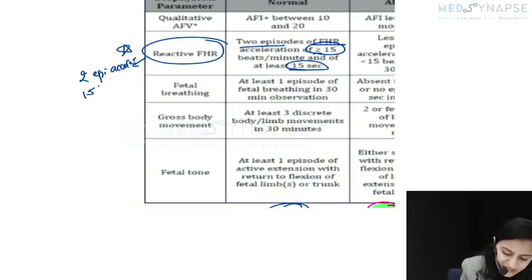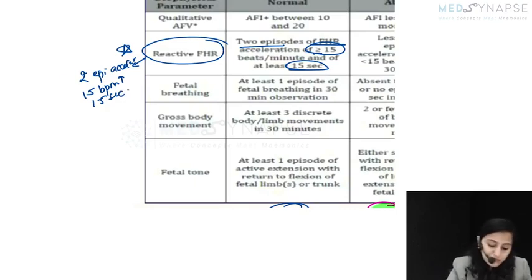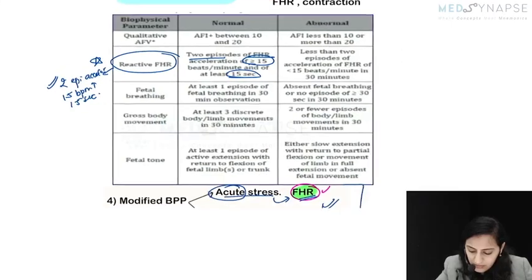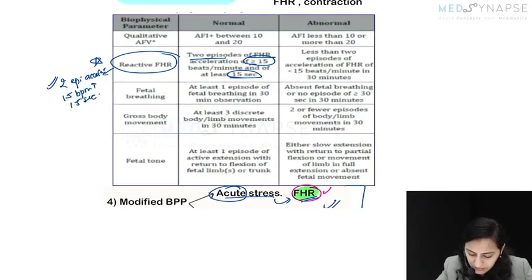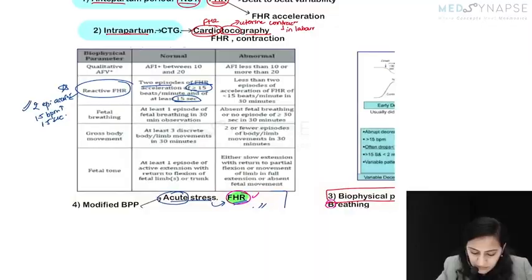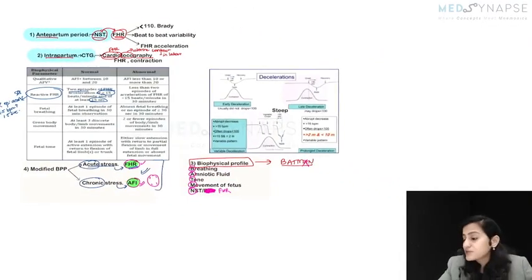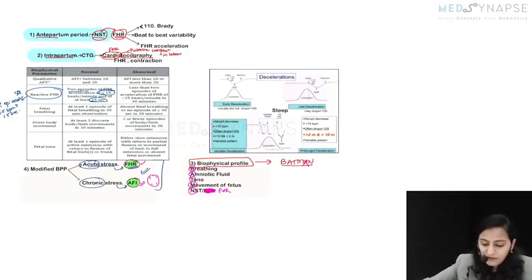Remember, it is 15 beats per minute heart rate increasing, lasting for at least 15 seconds. There should be 2 episodes in those 30 minutes. So this is your difference between NST, CTG, biophysical profile, modified biophysical profile, and acceleration.